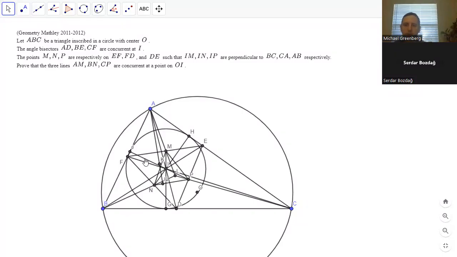So DEF and the triangle with the X centers are orthologic. That's kind of what the theorem is.